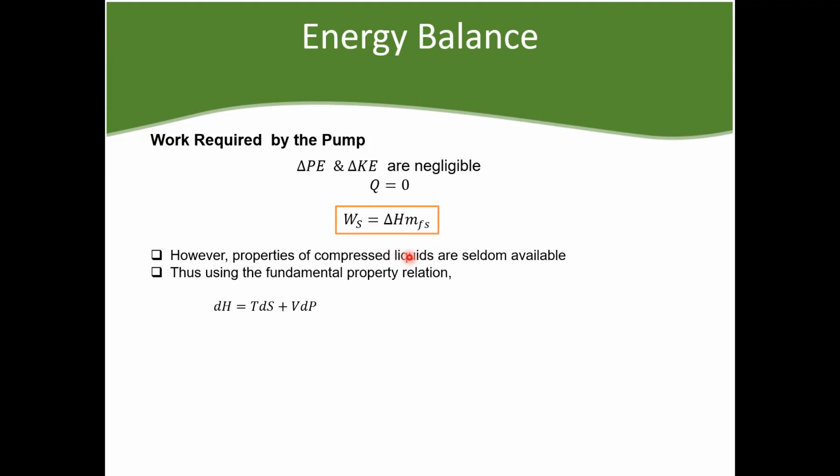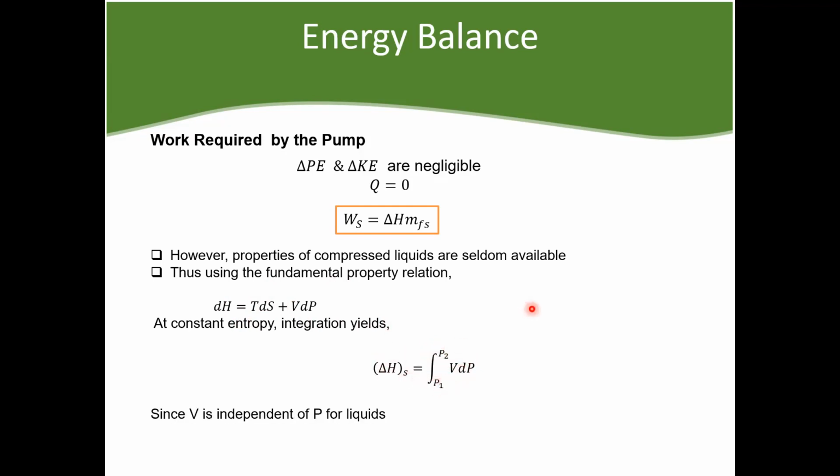So we can make use of the fundamental property relation, this equation, and if we assume constant entropy, we're left with this equation, the integral of VdP from P1 to P2.